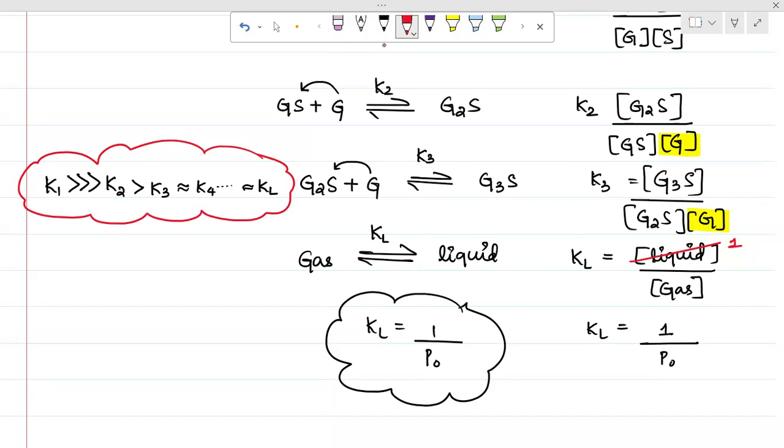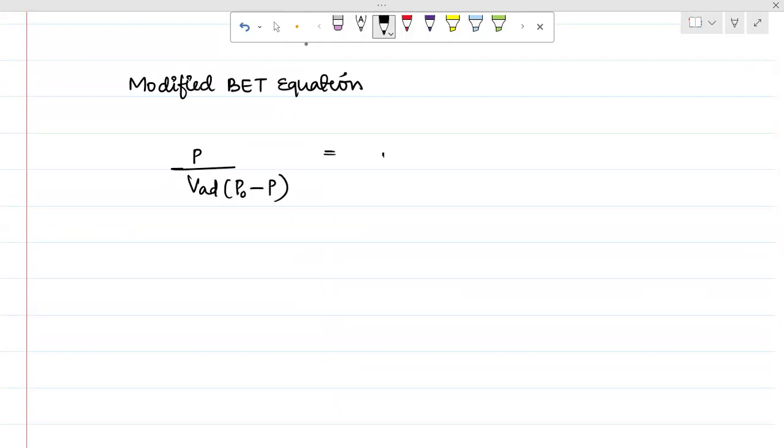Now, on the basis of K, L, P naught, etc., there is a modified version of the BET equation. Let's write it down. Modified BET. You get graphical questions from here, so it is important. The modified BET equation is P divided by V absorbed times (P naught minus P) is equal to 1 by VmC plus (C minus 1)P divided by VmC P naught.